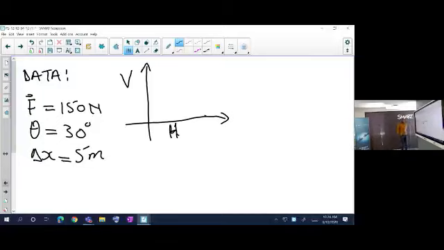In other words, you're just going to have an object. This is the origin, the beginning of everything. This is the object. Where is it going? It's going in that direction. Is that clear? It's horizontal.